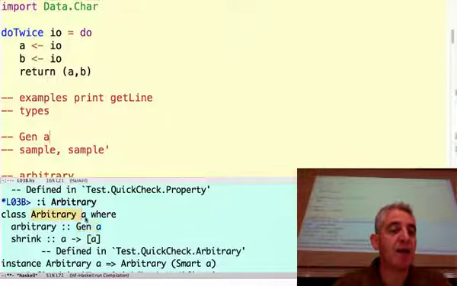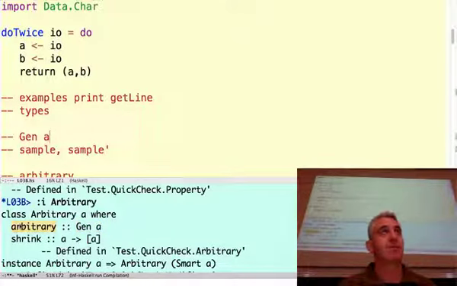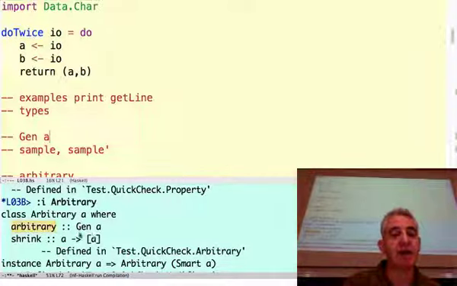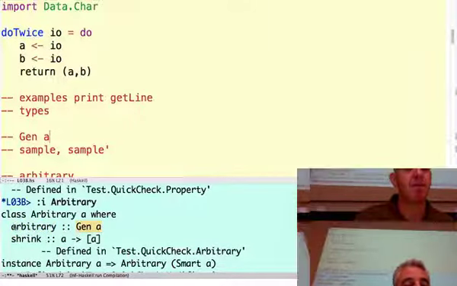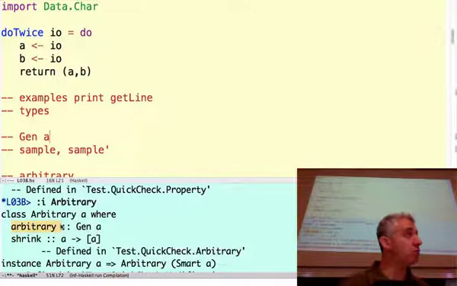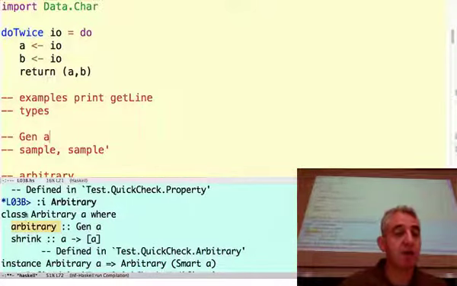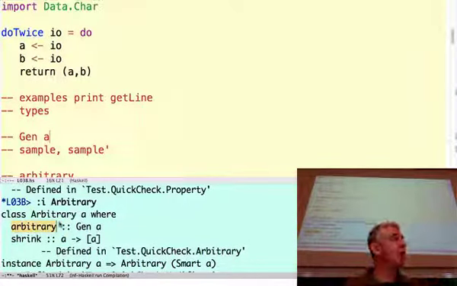The specific generator that QuickCheck will use when it generates random values is this one. Okay? We're going to see how to build these things and how to then make our own types an instance of the Arbitrary class by defining the generator we want for this guy. In other words, the generator that we want QuickCheck to use.